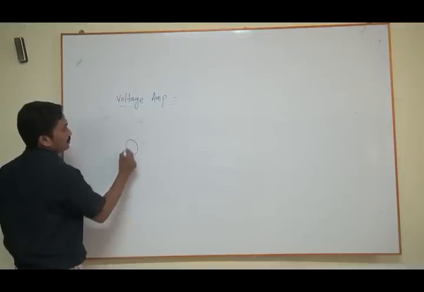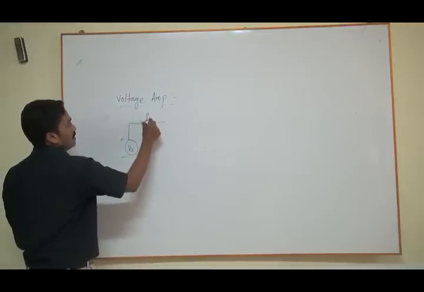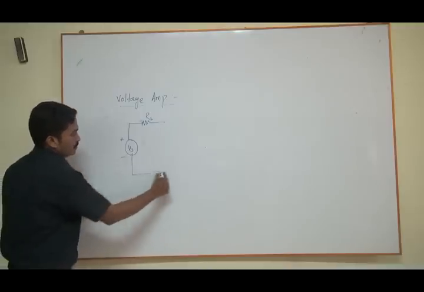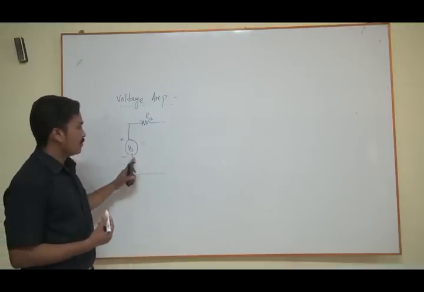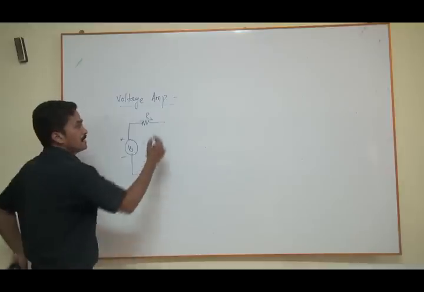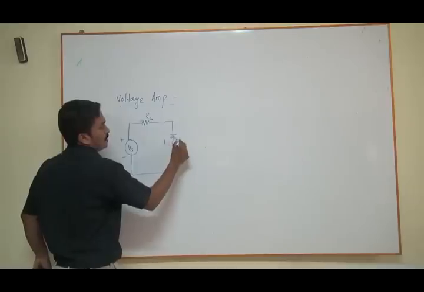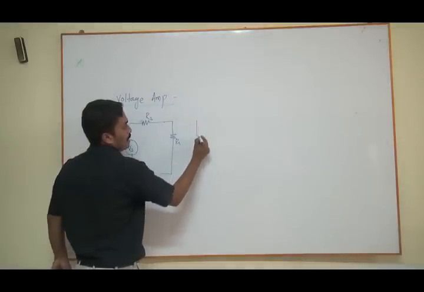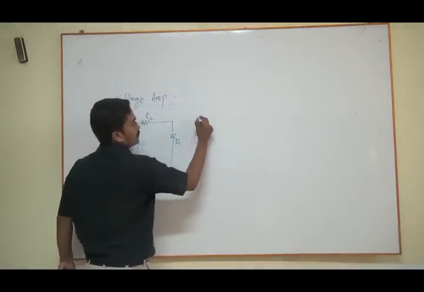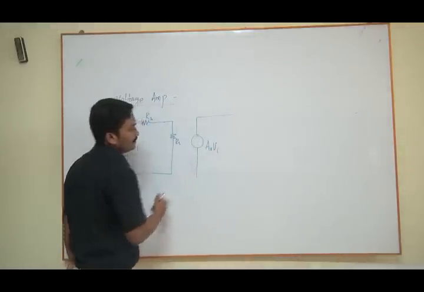So according to that, let us take a general Thevenin equivalent model. Let us take some voltage Vs with some resistance Rs. In the Thevenin equivalent model, we have one voltage source in series with one resistance. And for the transistor equivalent model, we will assume some resistance Ri, and the dependent source AV Vi.